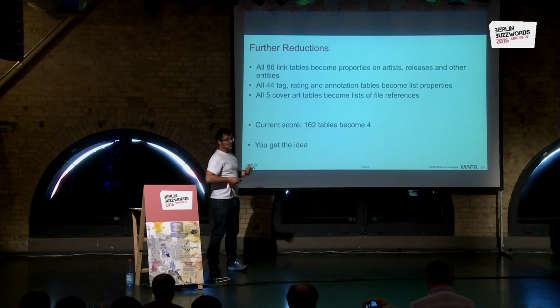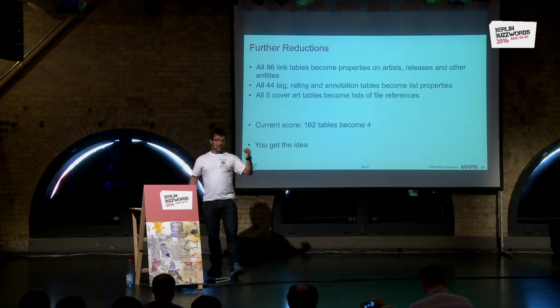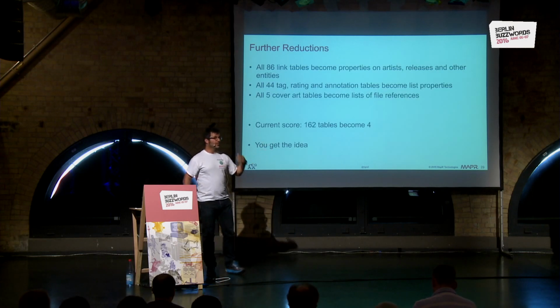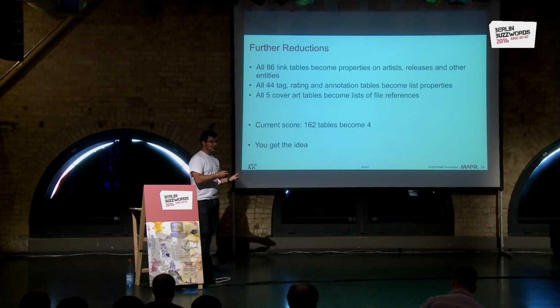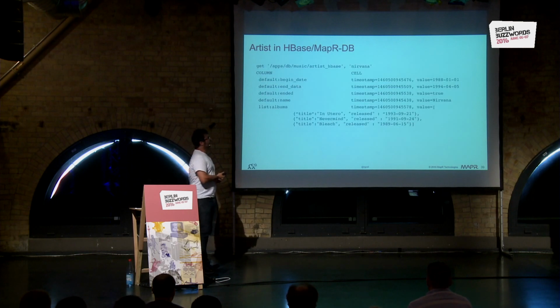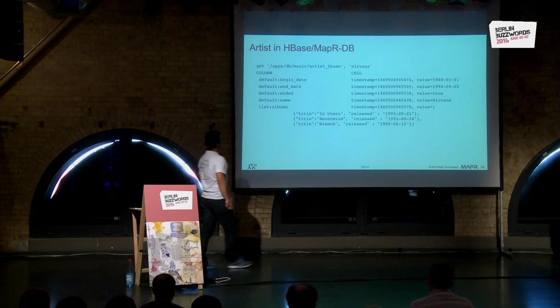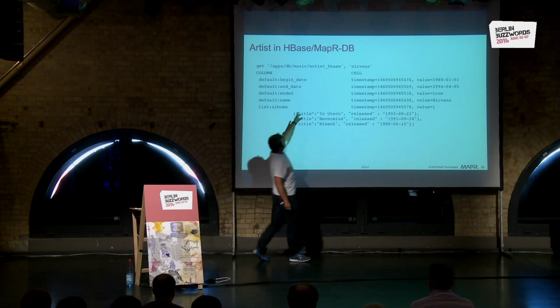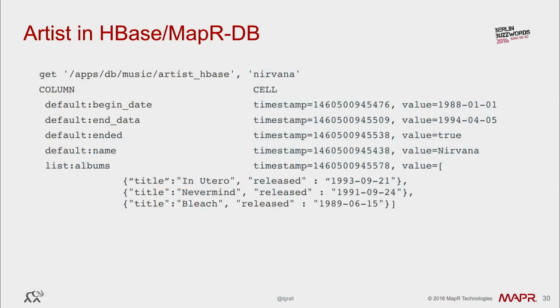I will show you an example of artists and albums in one single row in HBase. So the way you will do it in this case is you will have the ID. The artist HBase table is called Nirvana. And if you look at it, it's one single row organized with the different attributes. Keep in mind that you can have as many attributes as you want.